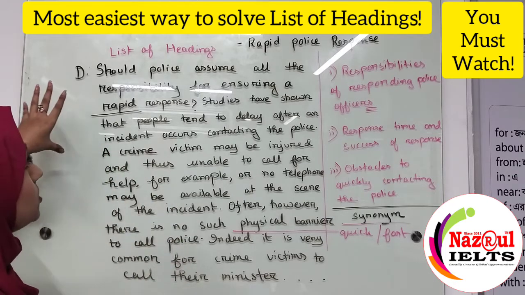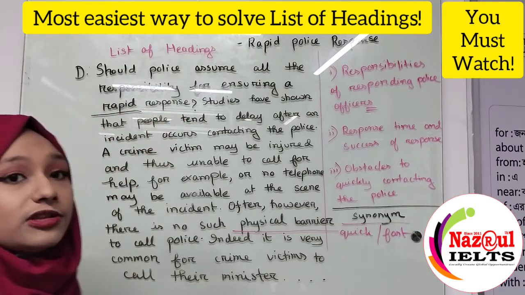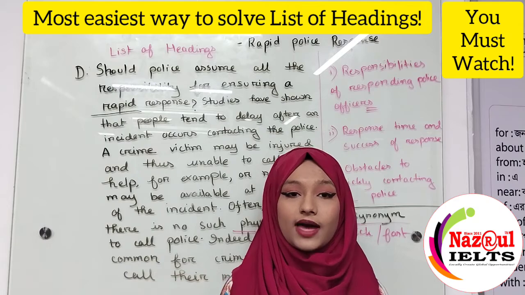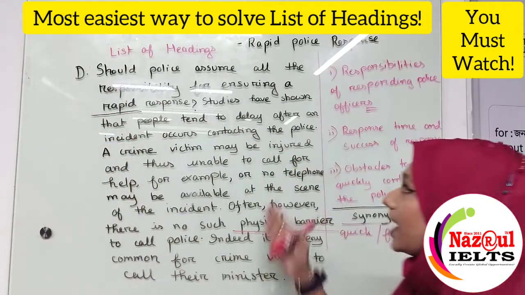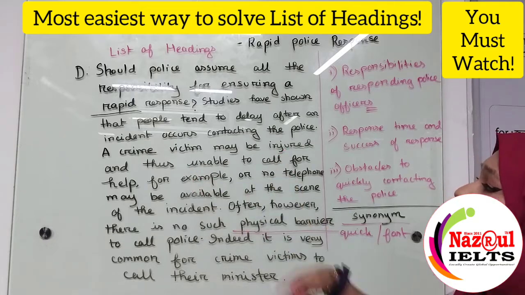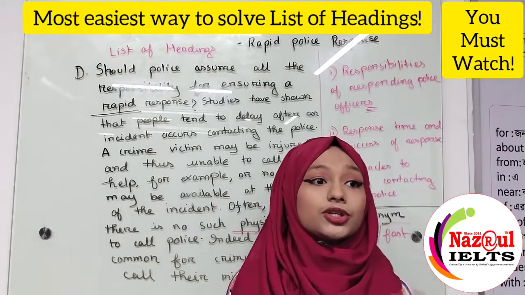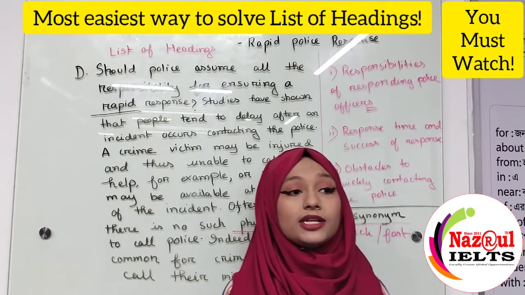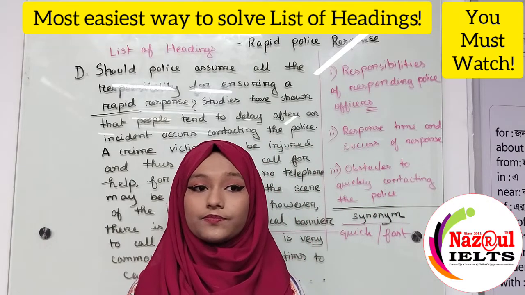They first ask if it's the responsibility of the police officers alone to answer fast. Literally, it's in the first line, right? In the second line, they're saying what the victims do before calling the police and what might cause them delay.